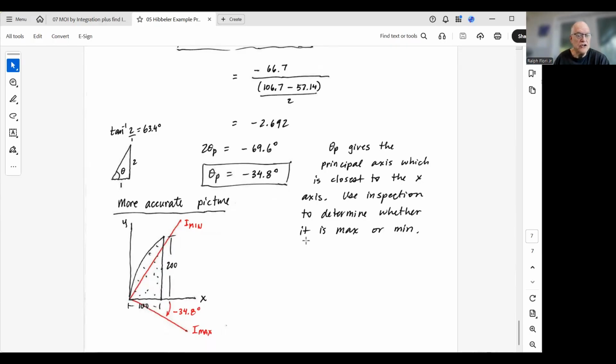But in our case, you can just tell by looking at it, once we draw this rotated set of axes, because this axis crosses through the area, that has to be the Imin because the area is close to that axis. And then 90 degrees from that, by definition, is the Imax. And so about this Imax axis is a maximum area moment of inertia for this particular area. This concludes our section and our multiple examples of area moments of inertia by integration.